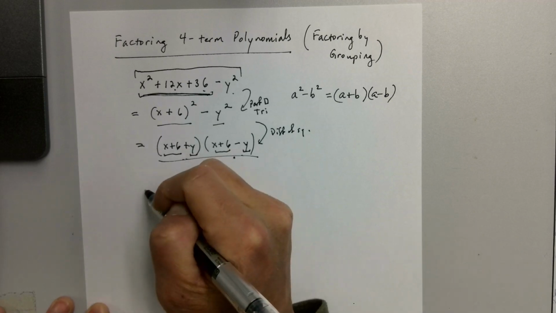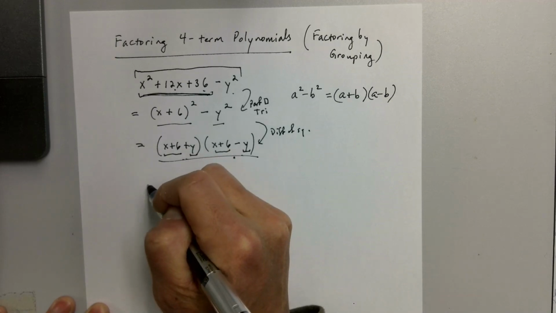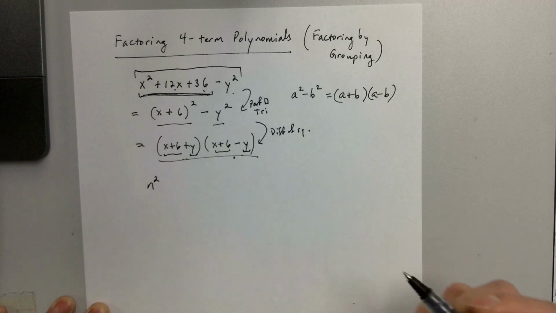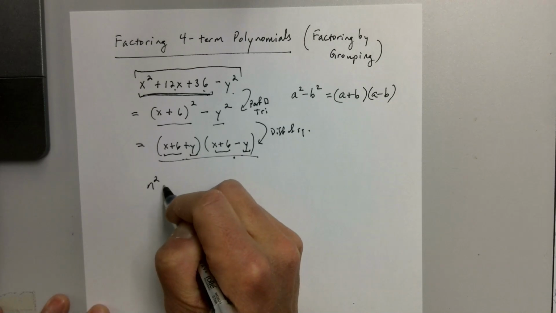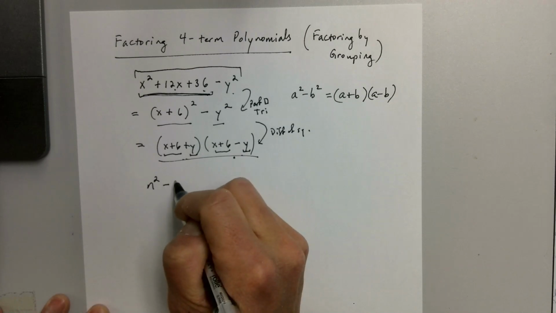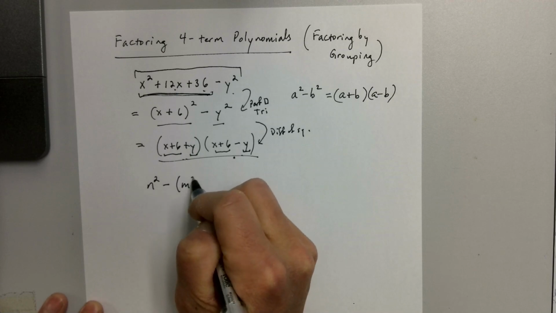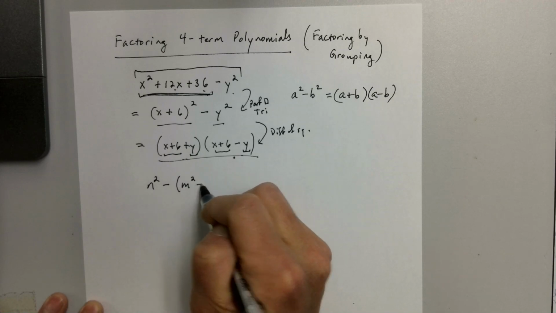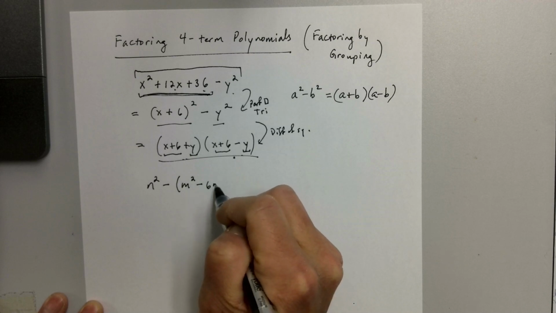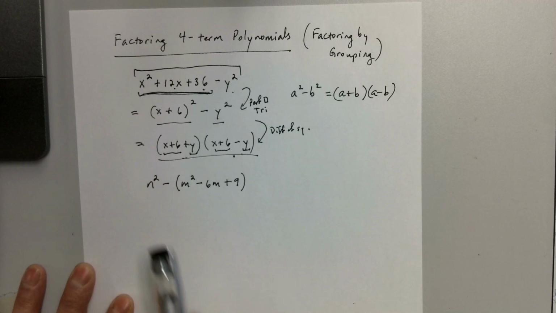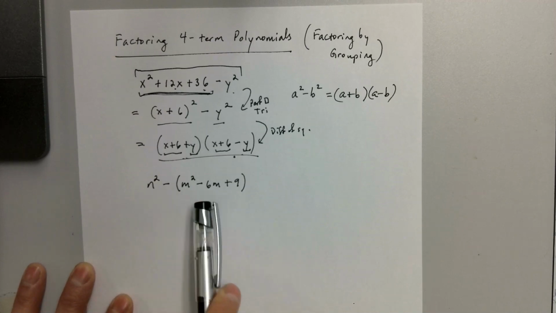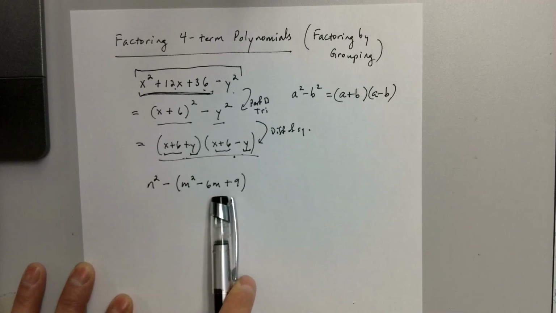Okay, let's try that again with this one. I'm going to change letters now. n squared minus m squared minus 6m plus 9.